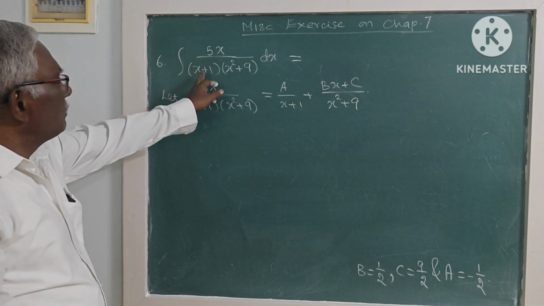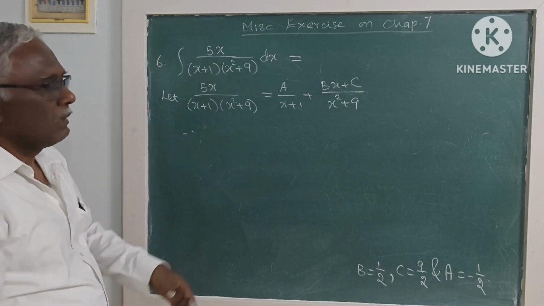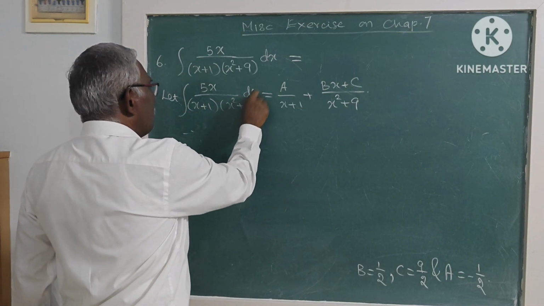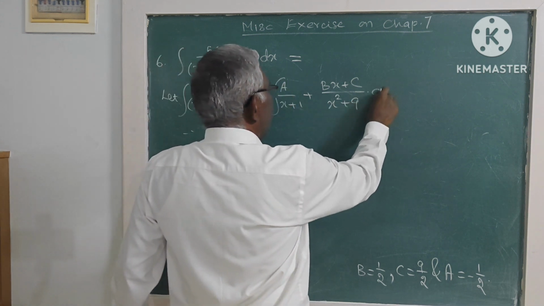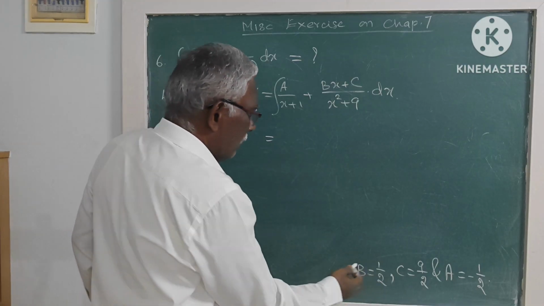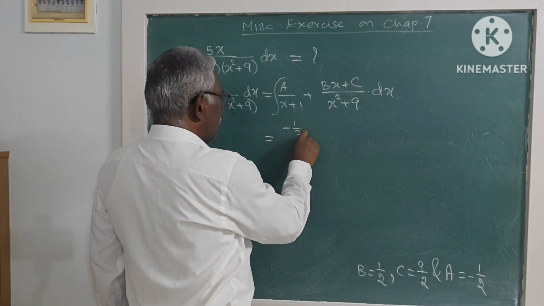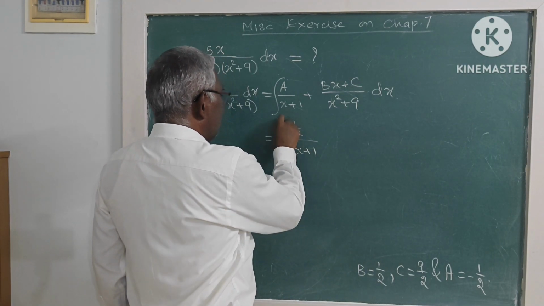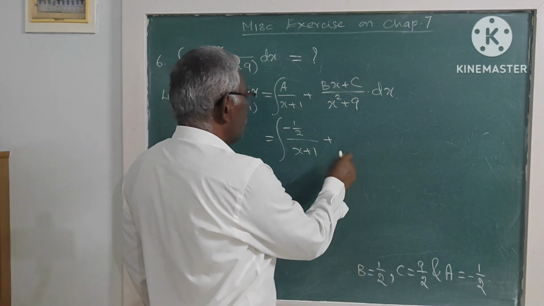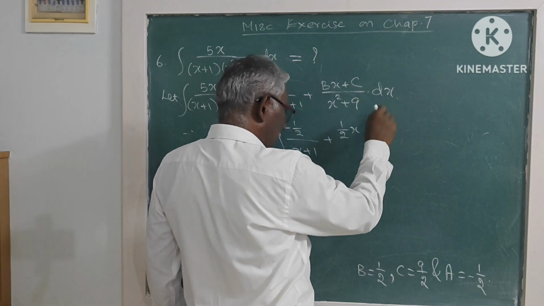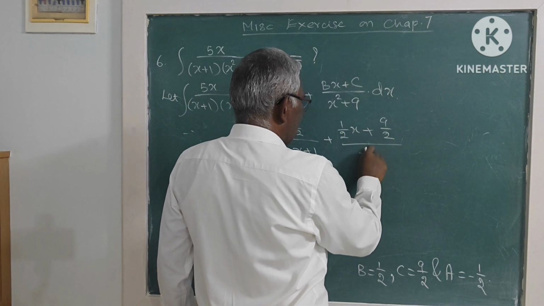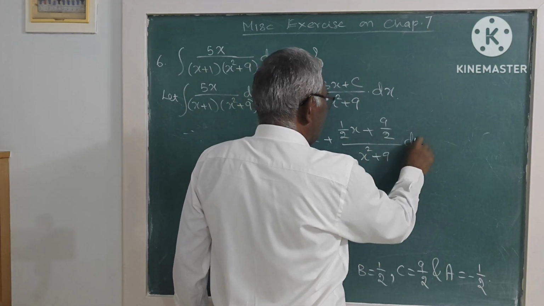Therefore integral 5x by x plus 1 into x square plus 9 becomes, that means you have to put integral here dx, again integral here dx. So a is what now? Minus half. So minus half by x plus 1 plus b is equal to half x, and c is 9 by 2 by x square plus 9 dx.